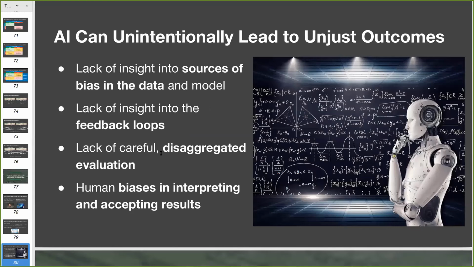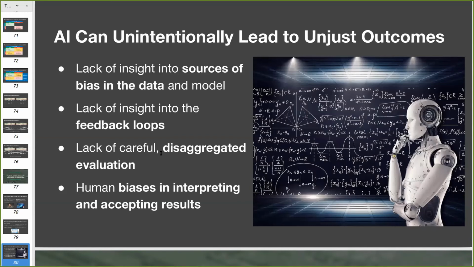So, considering all these examples, we can say that AI can unintentionally lead to unjust outcomes. There can be a lack of insight into sources of bias in the data and model. This is something which could possibly happen. When you're working on some task, trying to build a model, it's not always that people spend a lot of time on checking what the sources of the data are and how representative the data is. So it's something that needs to be done, but it's not always done.